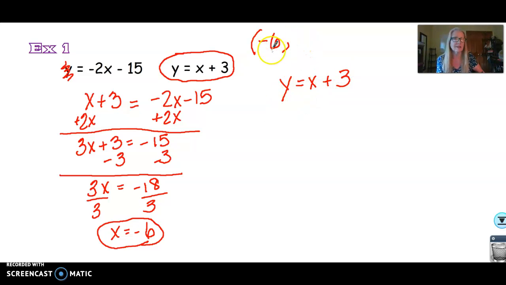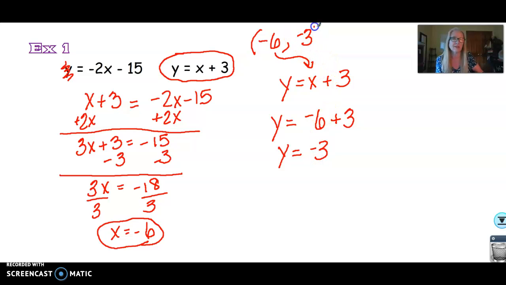I know x is -6, so I can substitute, there's that word again, that -6 for x. I put the -6 where the x was, and now I have found what y is. So I have the second coordinate for my answer. And the point that solves that system of equations is (-6, -3).